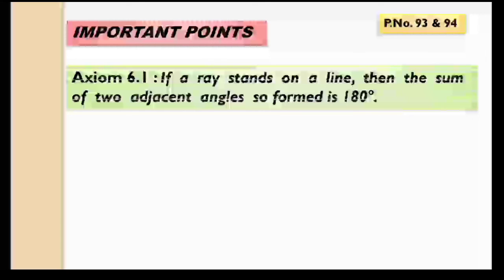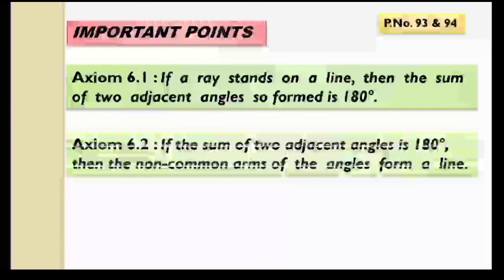Student, on pages 93 and 94 of your book, there are a few important points which we discussed just now. First important point, axiom 6.1: if a ray stands on a line, then the sum of two adjacent angles so formed is 180 degrees. Axiom 6.2: if the sum of two adjacent angles is 180 degrees, then the non-common arms of the angles form a line.